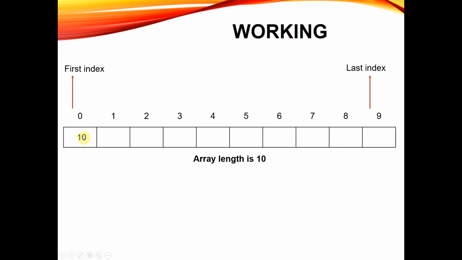Similarly, values are placed on indexes, and if you want to get the total indexes of the array, you need a formula like array length minus 1. This is the formula of the total indices. If the length of the array is 10, then the last index value will be 10 minus 1, and that is 9.